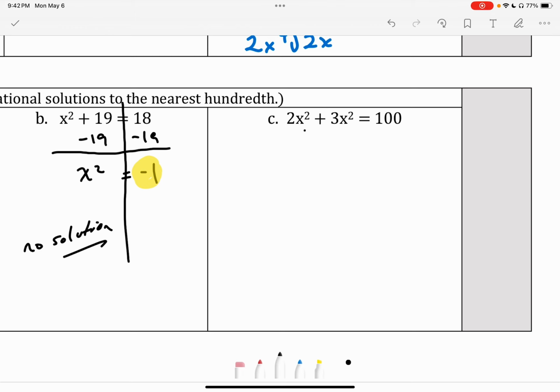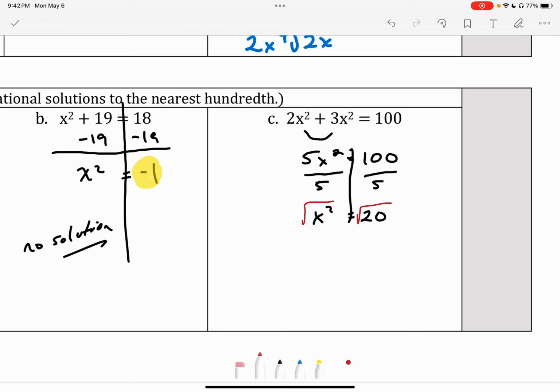In letter C, we can start by getting those two pieces combined by adding. We want to get x squared by itself, so we're going to divide by 5. So we've got x squared equals 20. Just like we did in letter A, now we'll take the square root here, the square root there.